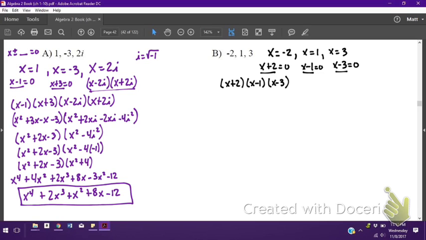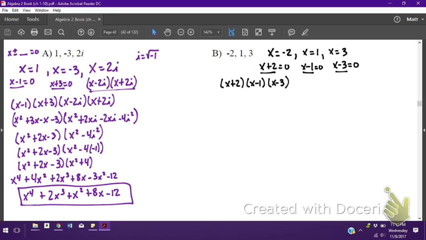It doesn't matter which order you have, and it doesn't matter how you multiply them, because the commutative property of multiplication says no matter how you multiply it, you're going to get the same thing. The associative property also says you can change the order or change the grouping and you still get the same thing, right?